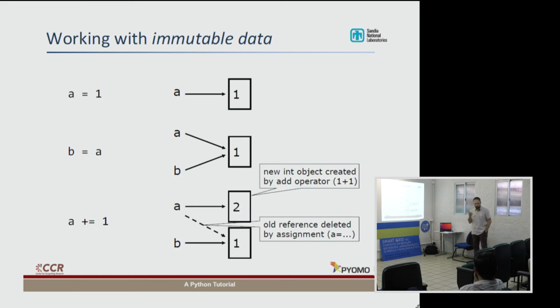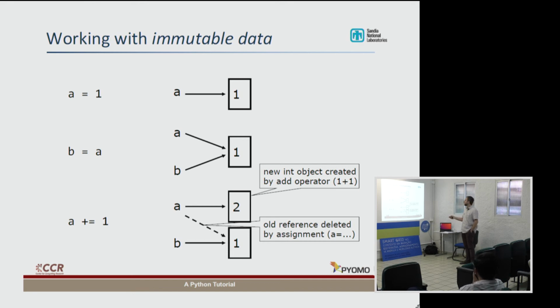There is something in Python which is quite strange at the beginning if you don't know it. Let's say that I write a equal 1. It means that the value of a is 1. Now I write b equal a.